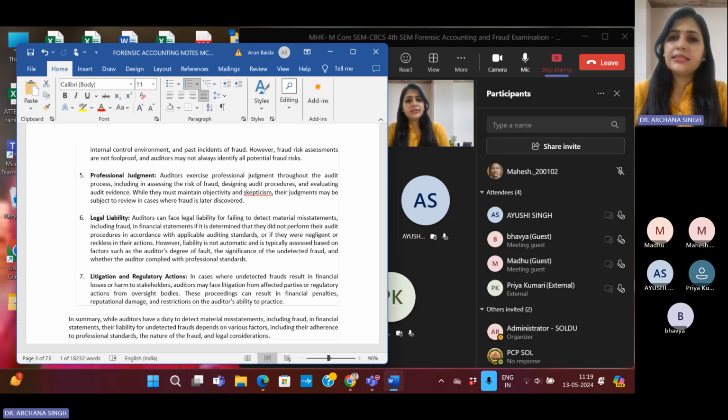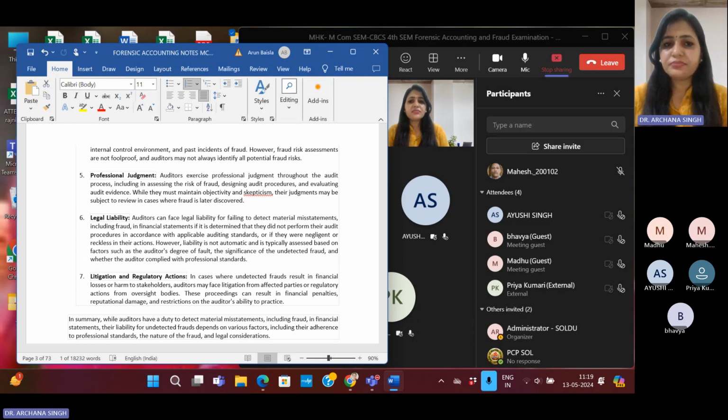Then next is legal liability. Auditors can face legal liability for failure to detect material misstatements, including frauds in financial statements, which are very important. This applies if they did not perform the audit procedures accordingly while following the accounting standards, or if they were negligent or reckless in their actions.